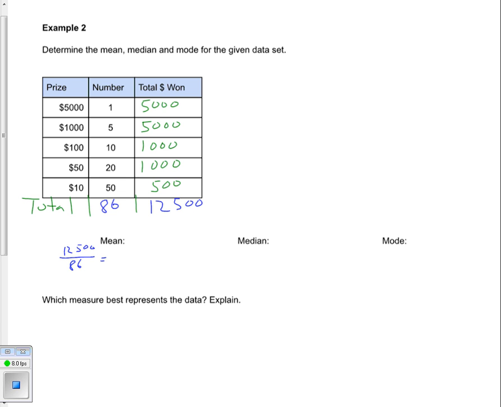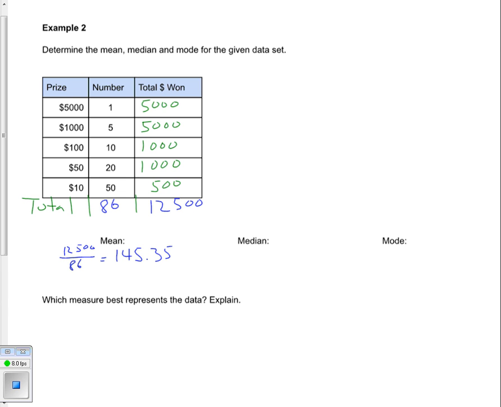That means the average winnings of someone in this particular lottery draw is $145. Because it's money, we'll round it to 2 decimal points, and 35 cents. That's the average monetary win of someone in this draw.